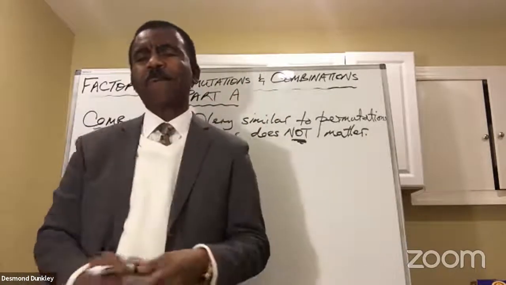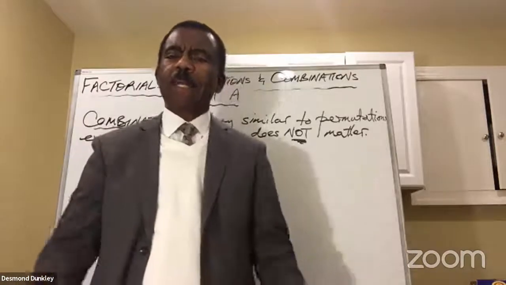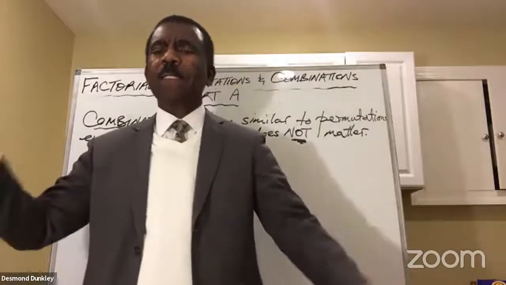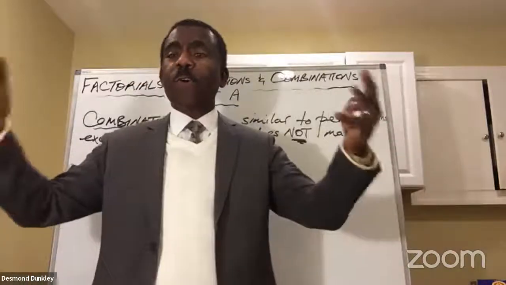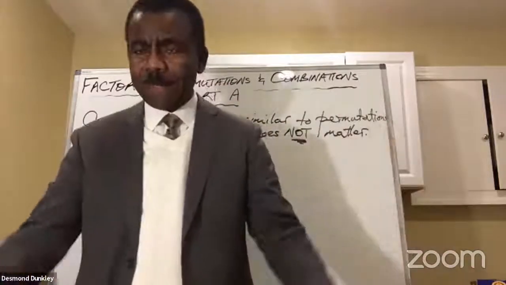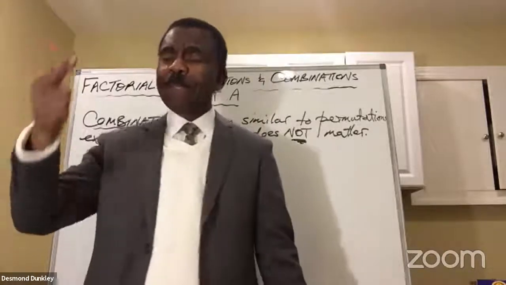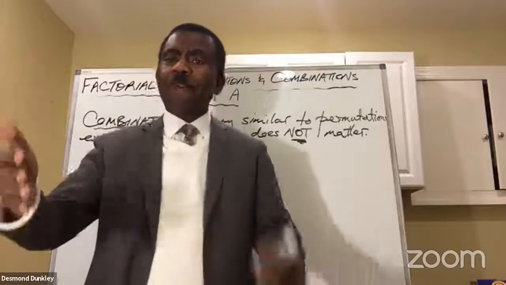Let's use another example. Suppose I was rich and I say to my class, listen, I have 40 students and I'm going to sponsor 6 of you to go to Jamaica for a beautiful vacation, all expenses paid. Do you care if you are number 1, number 2, number 3, number 4, number 5, or number 6?